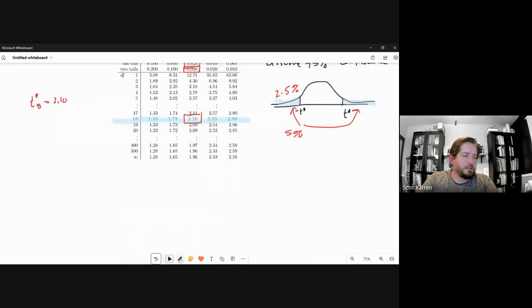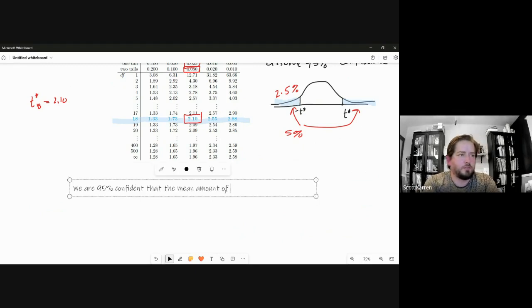And so we would say this. We are 95% confident that the mean amount of mercury in whatever these dolphins are, I think they're Risso's, is between 3.58 and 5.42 micrograms, or whatever the units are.